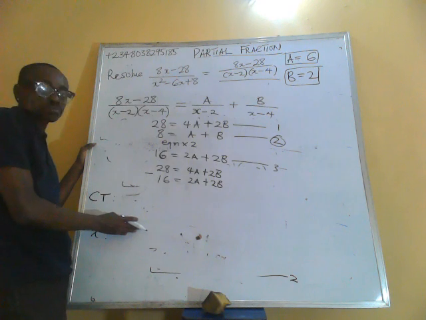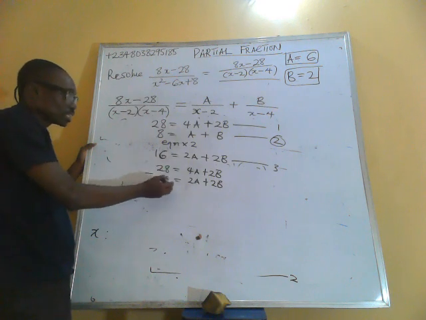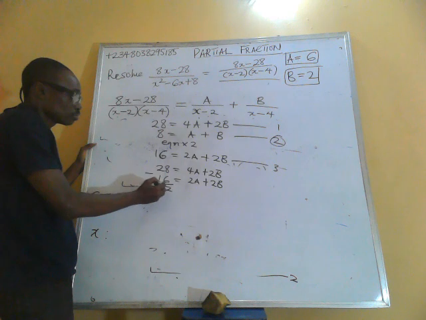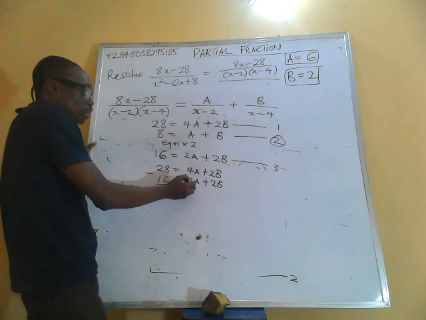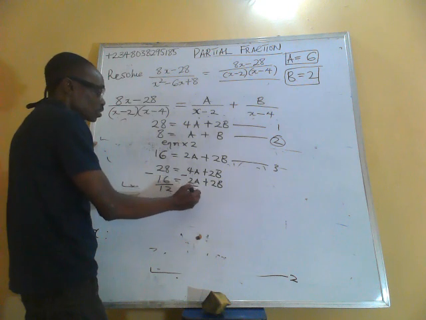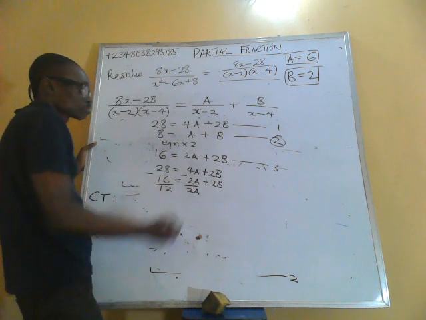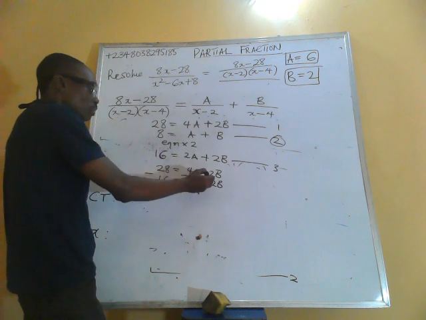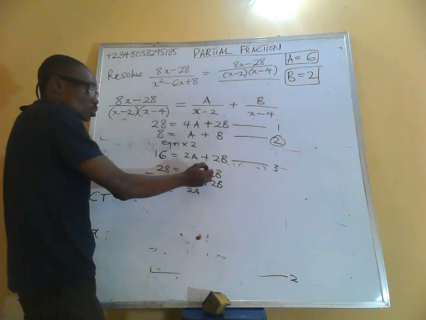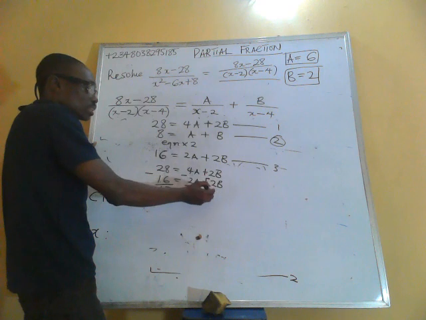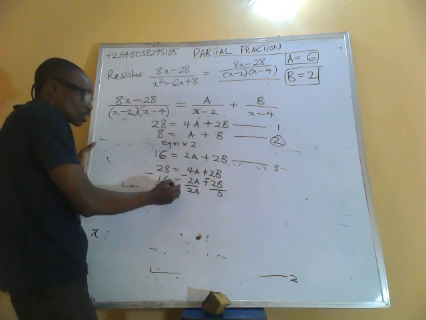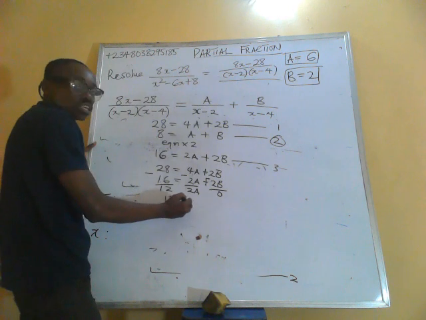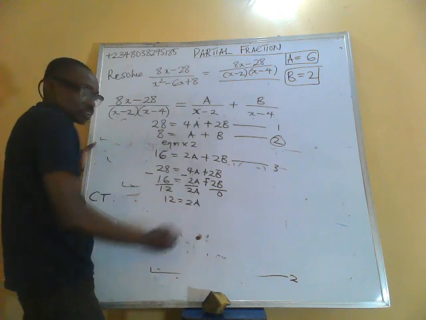So this is going to become 28 minus 16, this is 12. 4a minus 2a gives us 2a. Plus 2b minus plus 2b, minus times plus gives us a minus, so 2b minus 2b is 0. So we are left with 12 is equals to 2a.